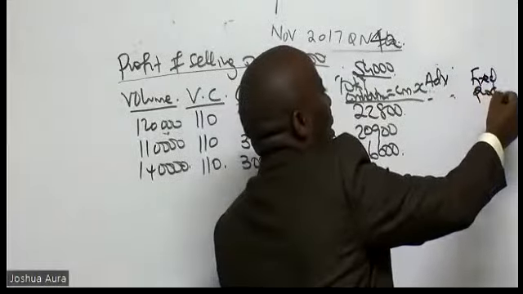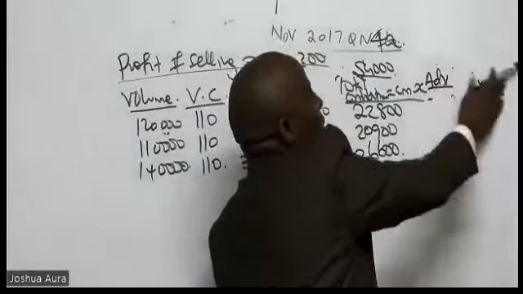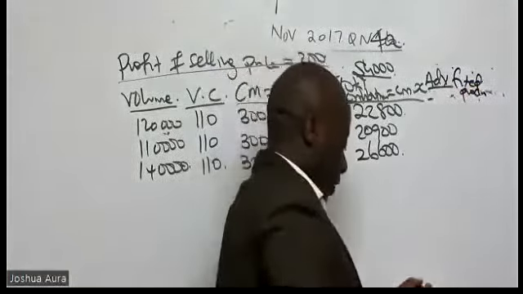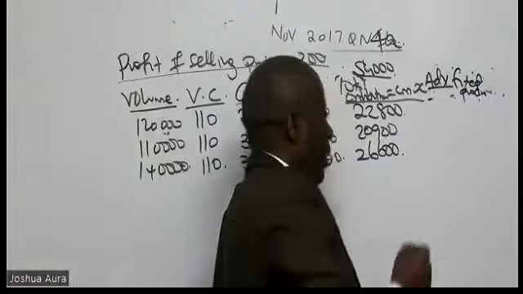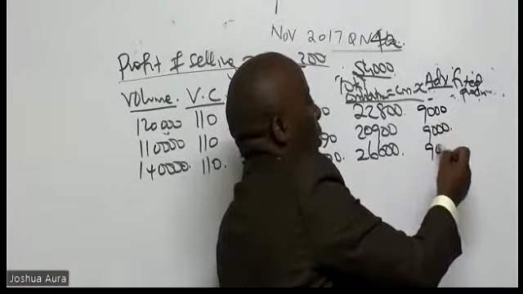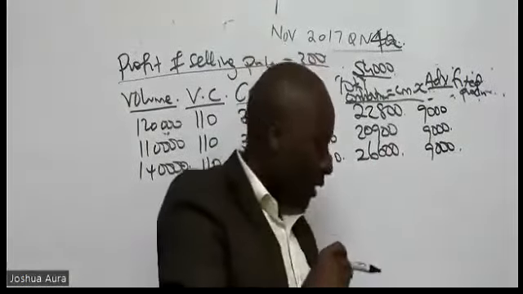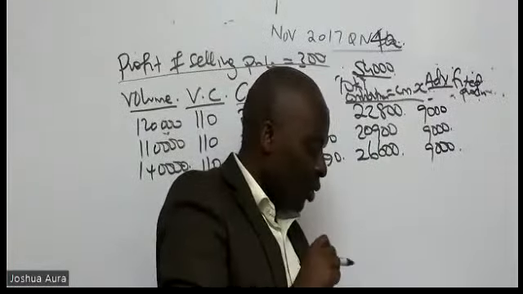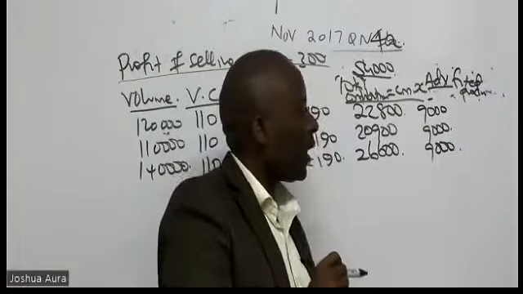The advertisement cost they have given us, ladies and gentlemen, for the price of 300 is going to be 9,000 throughout. Doesn't matter the level of production. Advertising, they have told us in note number 2, would be 9 million, but I'm chopping the 3 zeros to be consistent, per annum at a selling price of 300. So in this case, it's 9,000 like that.